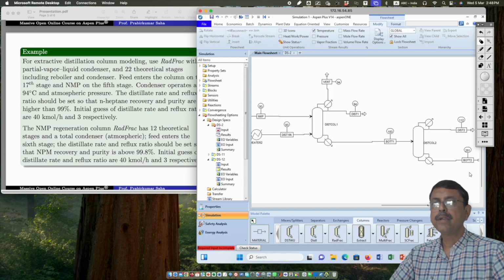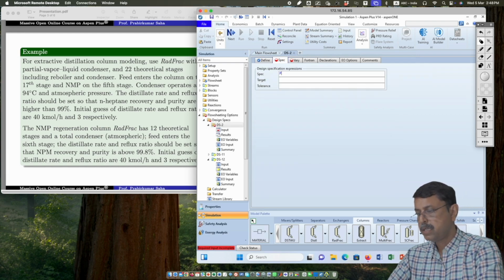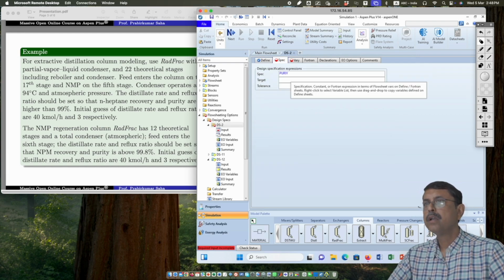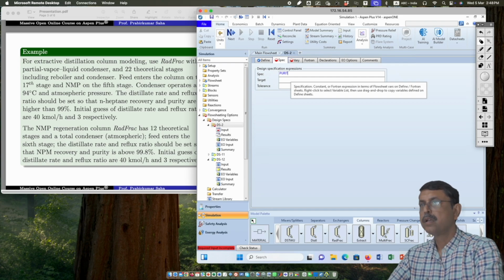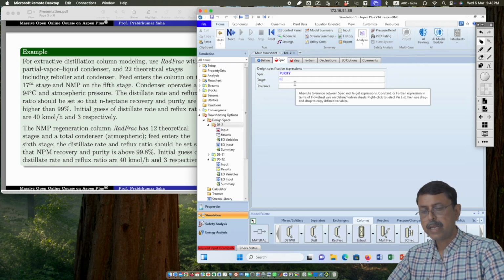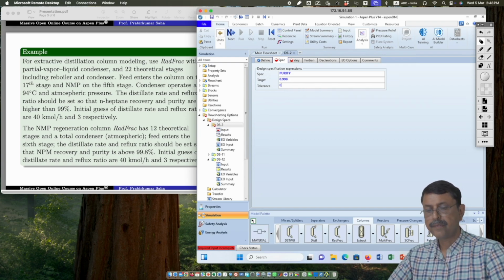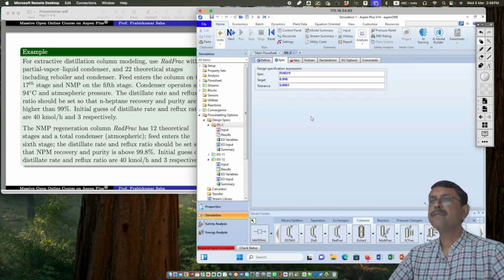Because NMP is going through the bottom. Okay. So NMP in the bottom stream purity, and this purity should be 0.998. This is 99.8, right? With a tolerance of, say, the same tolerance you give.